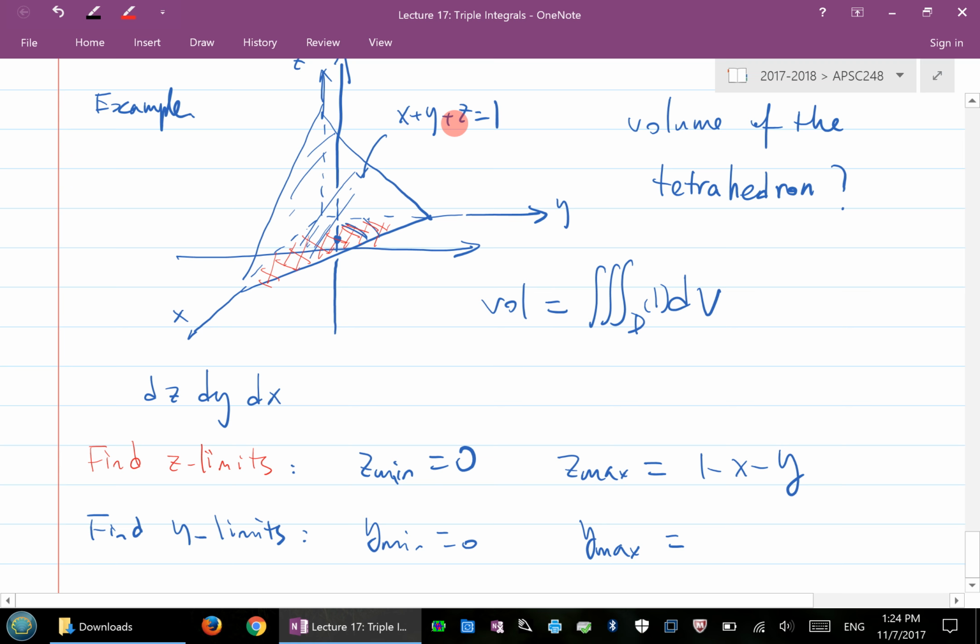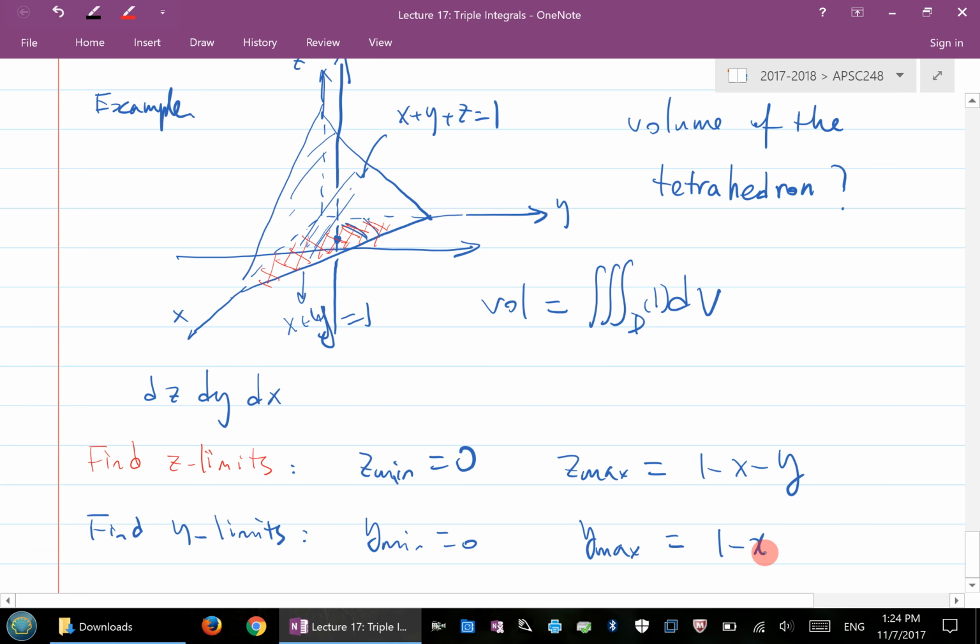There's a shortcut, because this line is the intersection of the plane with the xy plane, and the xy plane means z is always equal to 0. So you can just set z equal to 0, and then you get the bottom line equation, which is x plus y equals 1. So your y max is 1 minus x. Good.